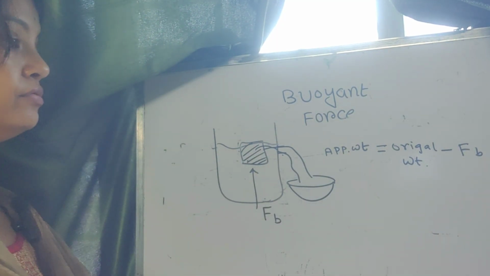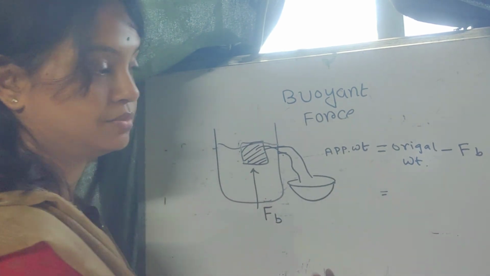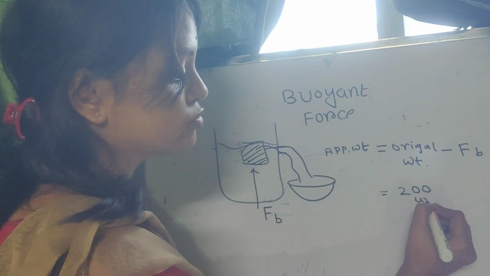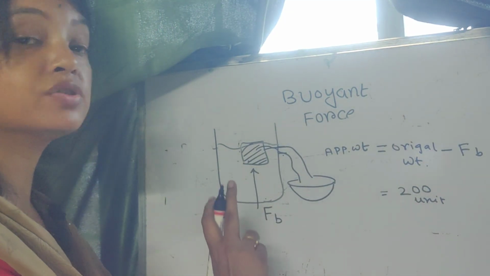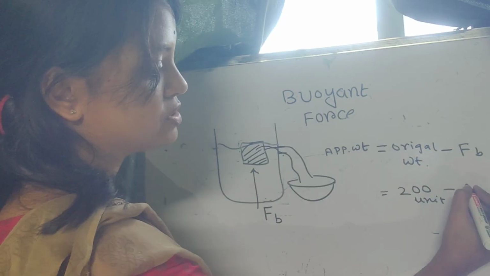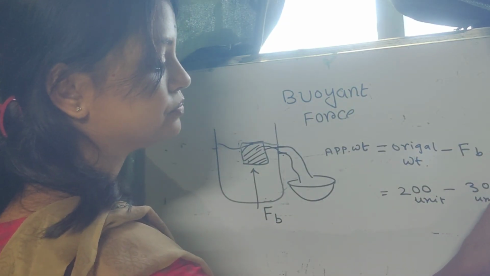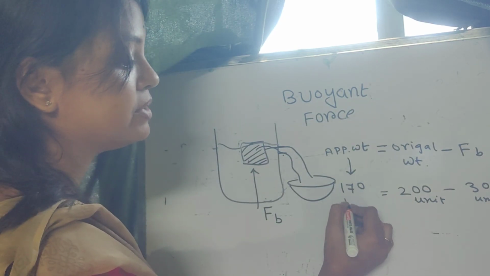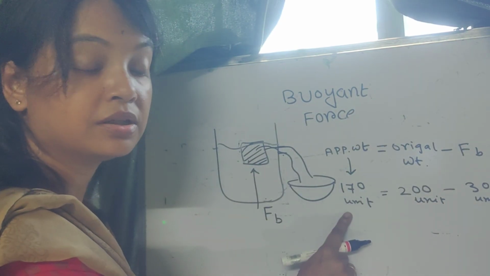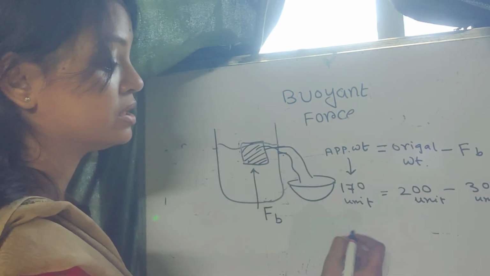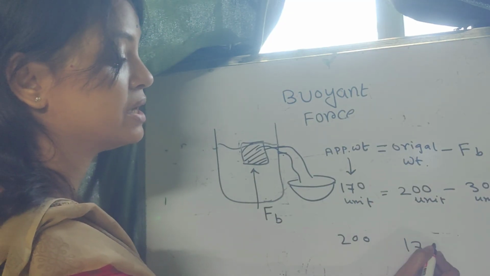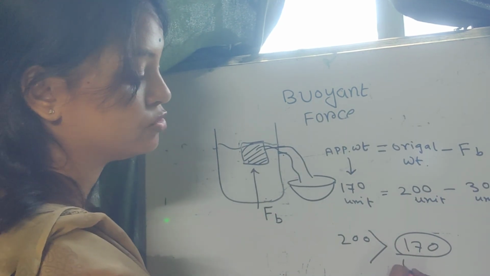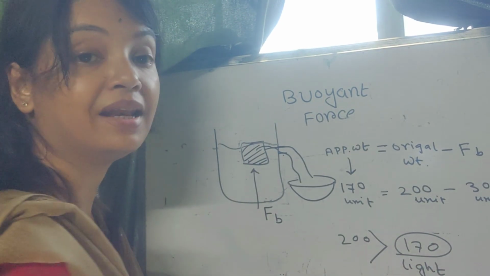So if the original weight is, suppose, 200 units, and the buoyant force is acting upward, suppose this is 30 units, the apparent weight will be 170 units. That's why the object inside the water seems to be lightweight.